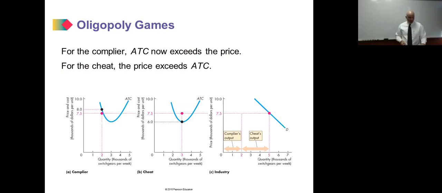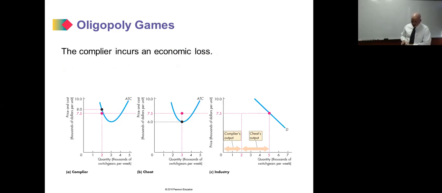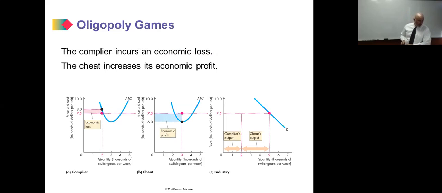And we say that the cheat is going to benefit and the complier is going to bear the economic loss. We can interpret this if we wanted to define what this economic loss actually was. Let's interpret this a little deeper.